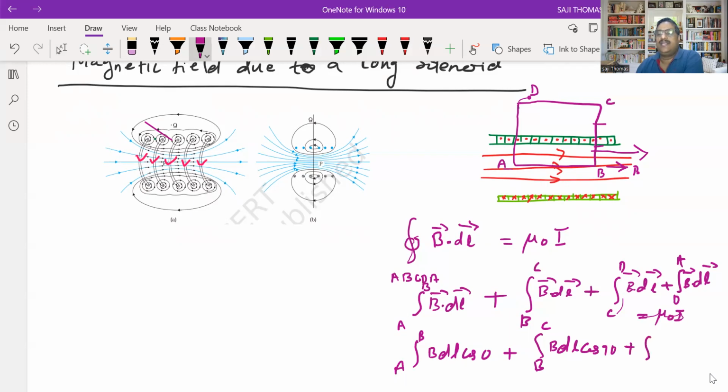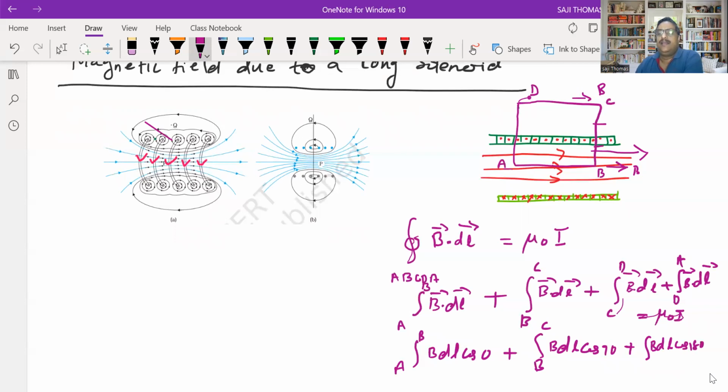plus integral C to D, B dl. There the magnetic field and dl are anti-parallel, but that length DC is very far away from the center, so that integral I am neglecting.